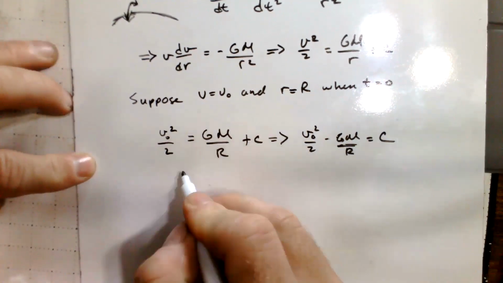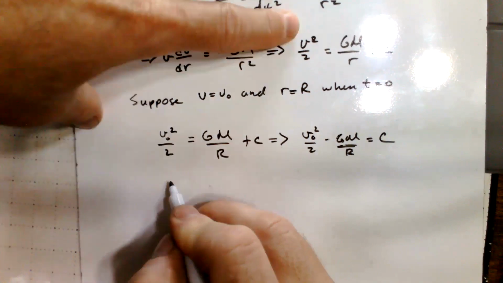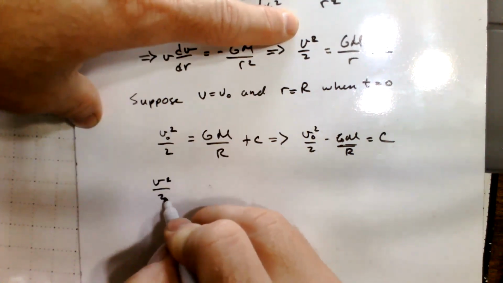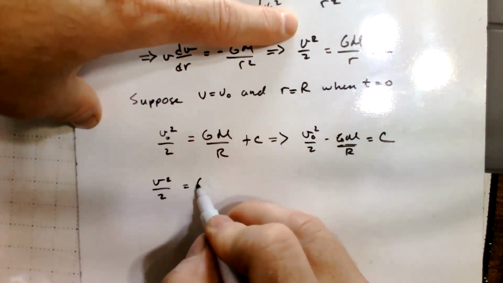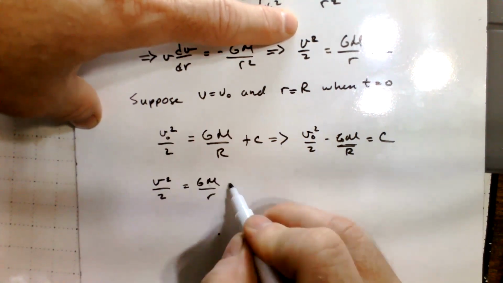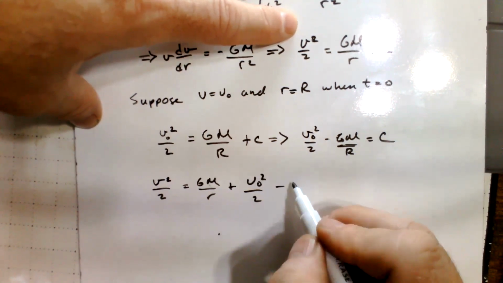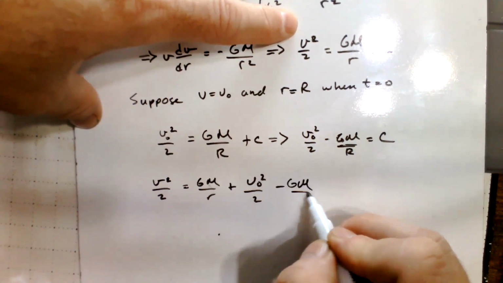So now we found c. Let's plug it back into our equation that we found here. We have v squared over 2 is equal to gm over r plus c, which was v naught squared over 2 minus gm over R.